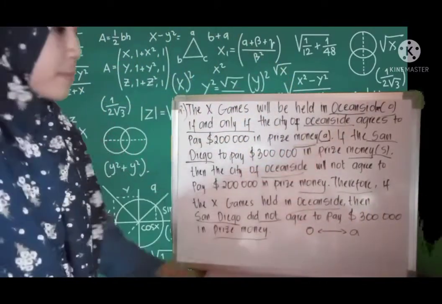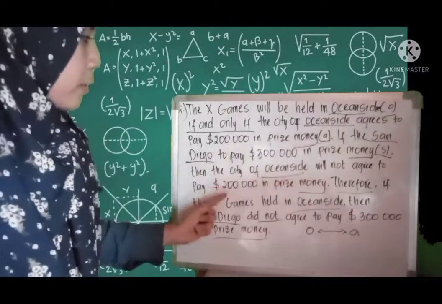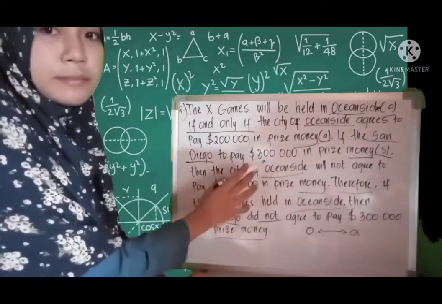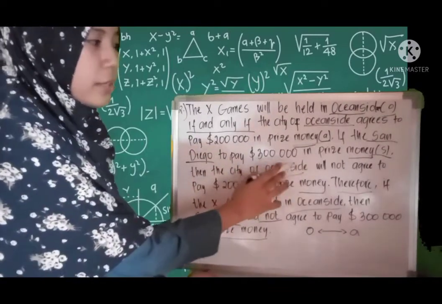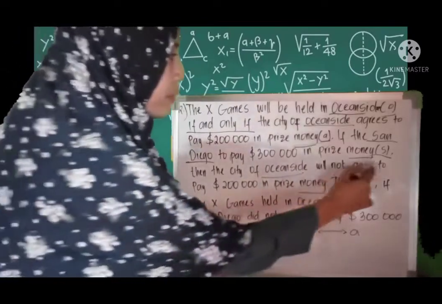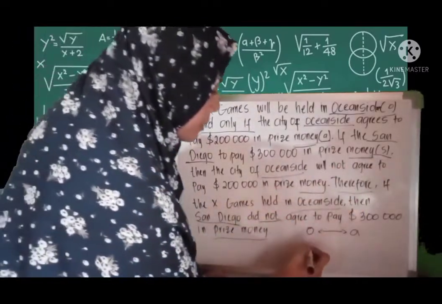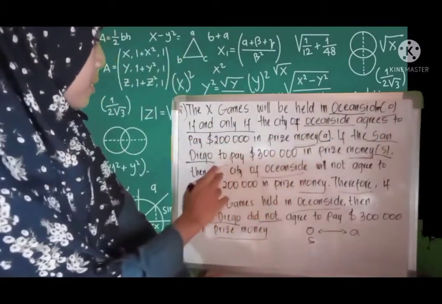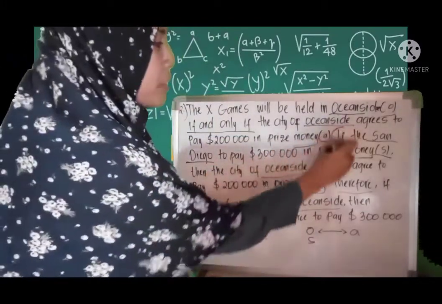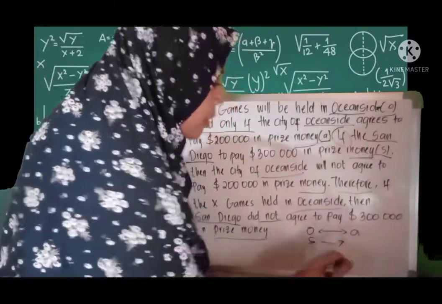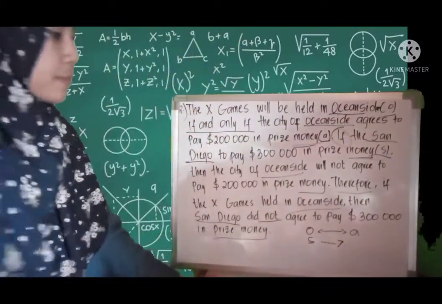Next naman, if the San Diego to pay 300,000 in a prize money, so write the S. No. If, gumamit pala siya ng letter if dito. So, write the arrow na ganyan.